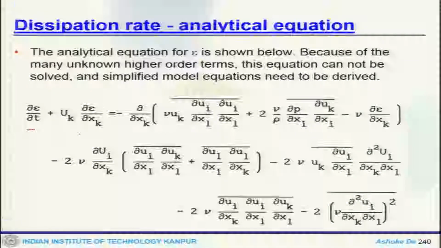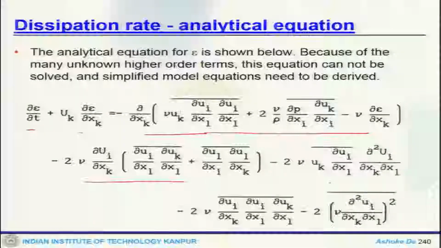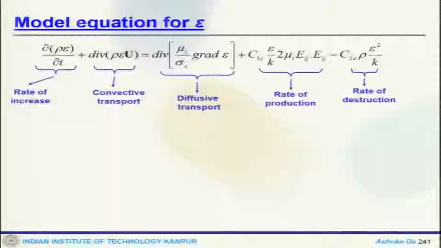This is your unsteady term, this is convection, you have production; so many terms are involved here. That is why simple equations are used. The model equation which is usually solved has the unsteady term, the convective transport, the diffusive transport, production and destruction. So, this is the simplified version.